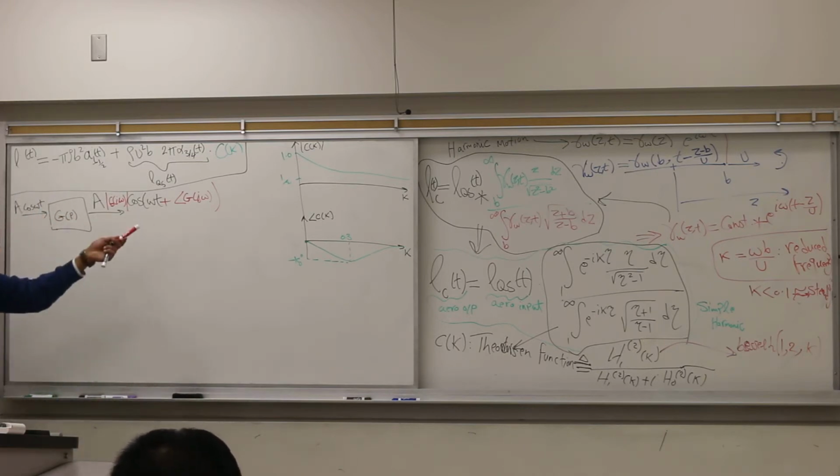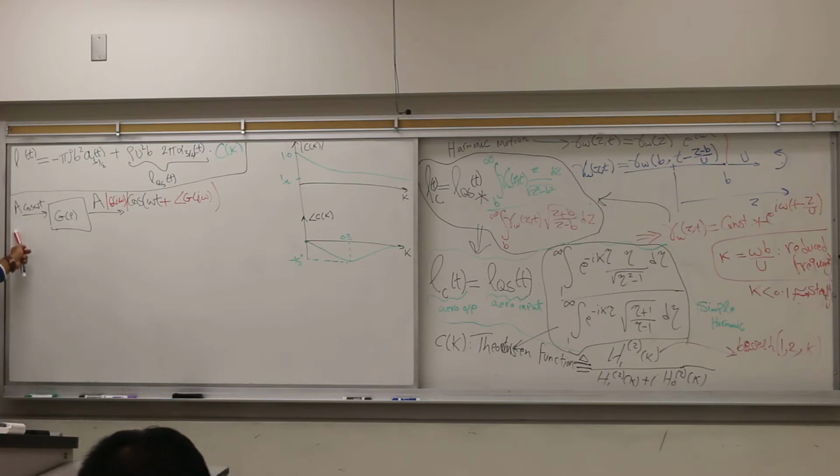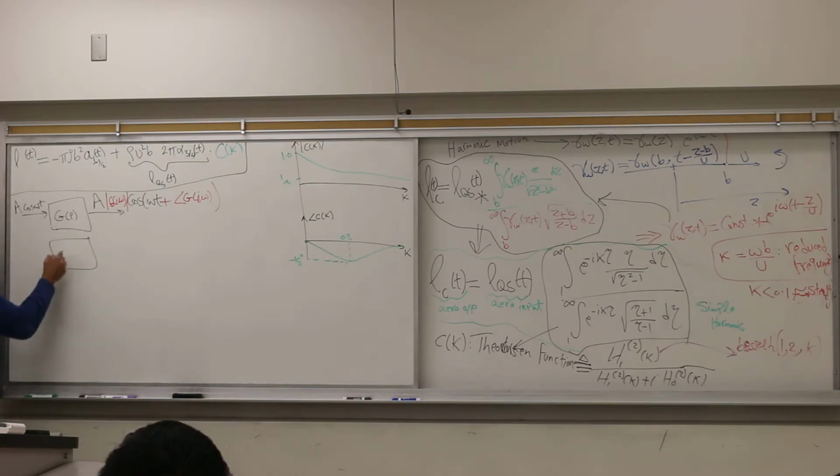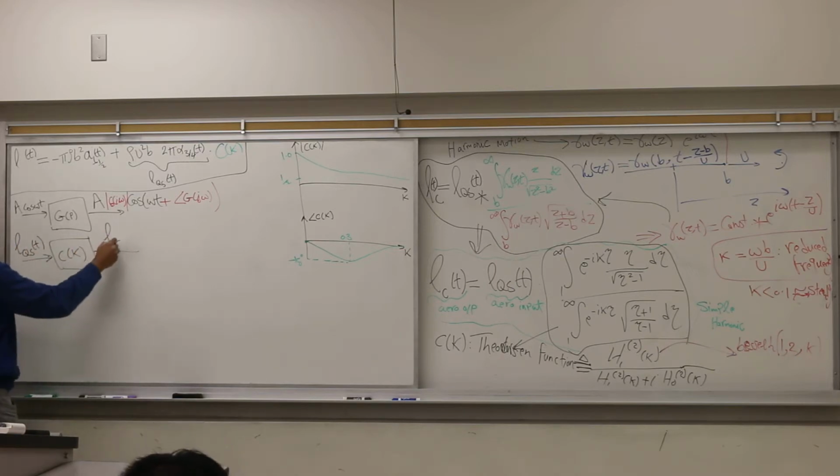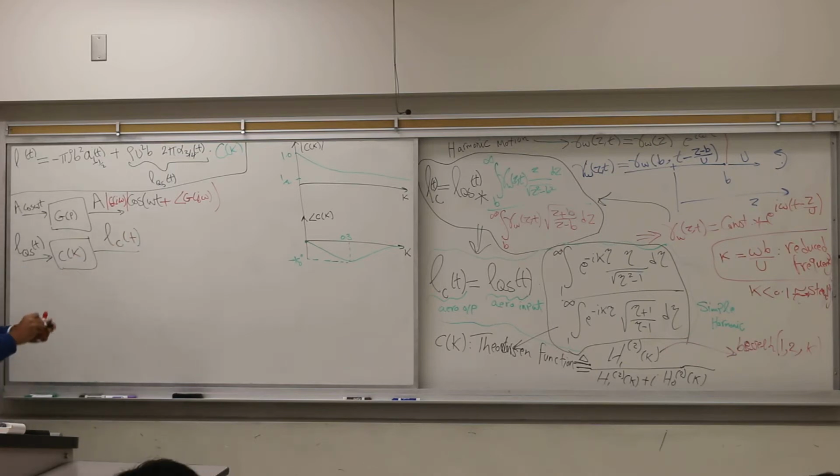From this point of view, what is our aerodynamic input? So for us, this is C of k. Here, whatever you want to call it, let's say this is your steady lift or quasi-steady lift. And here is the circulatory lift. I'm not talking about the other part because the other part doesn't have dynamics.